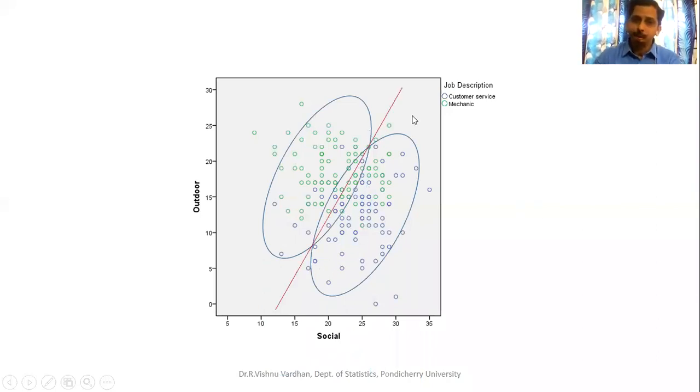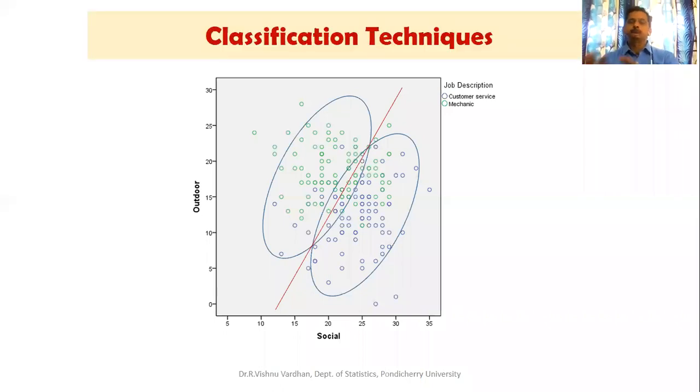This red line is what we call the classification rule, the classifier rule, the benchmarking line, which helps us with classification. If we know the labels well in advance, we can have a supervised learning mechanism. If we don't know, then we convert the unsupervised data into supervised data by identifying the homogeneous clusters.